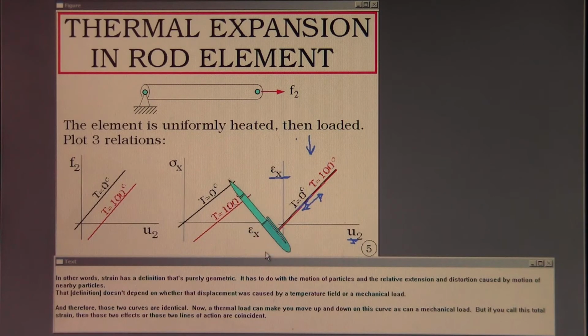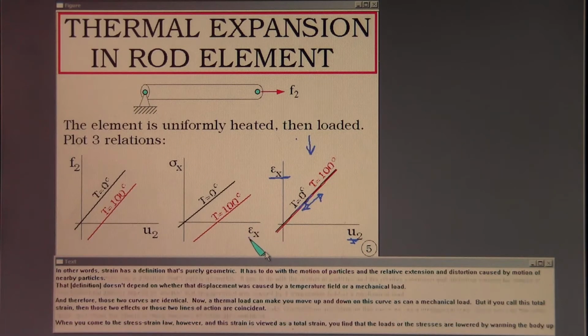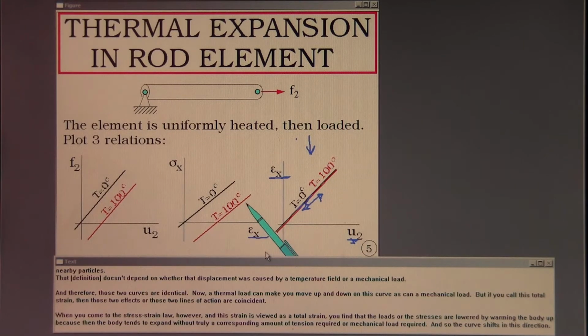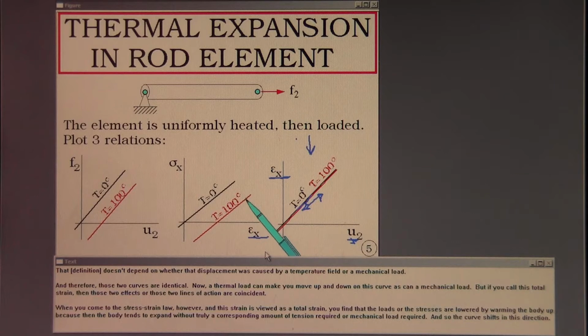When you come to the stress-strain law, however, and this strain is viewed as a total strain, you find that the loads or the stresses are lowered by warming the body up, because then the body tends to expand without truly a corresponding amount of tension or mechanical load required, and so the curve shifts in this direction.